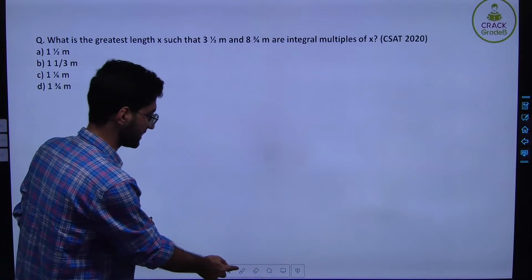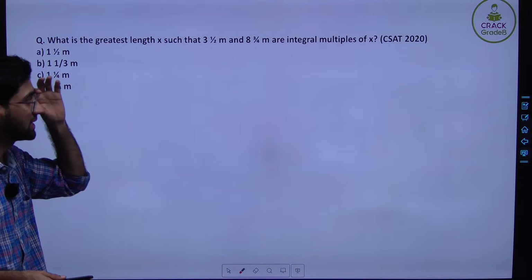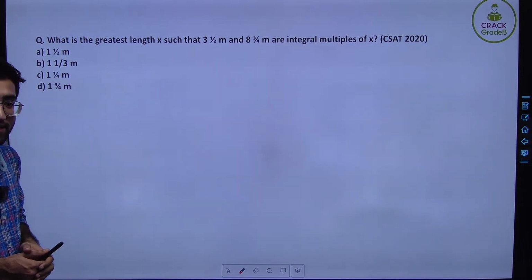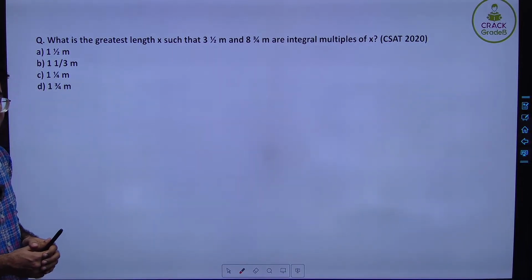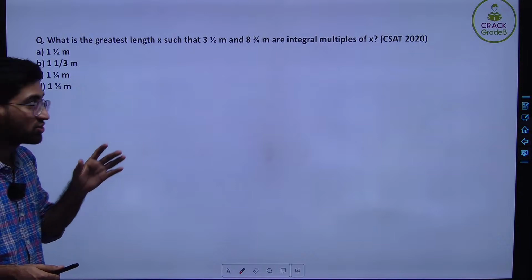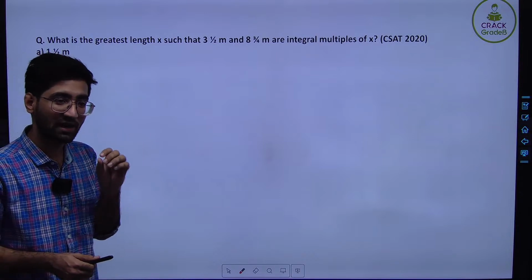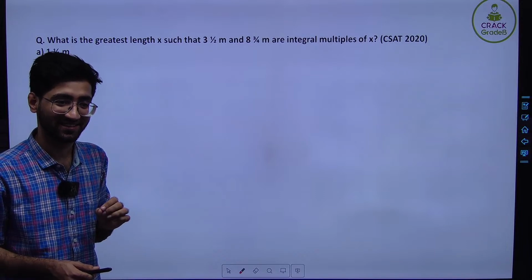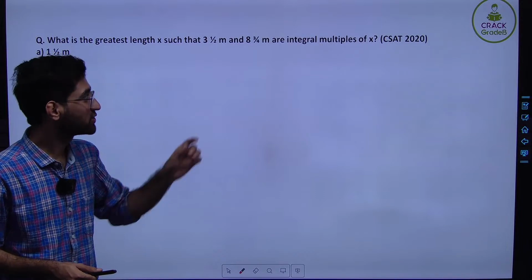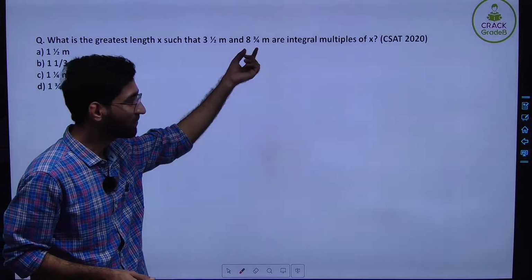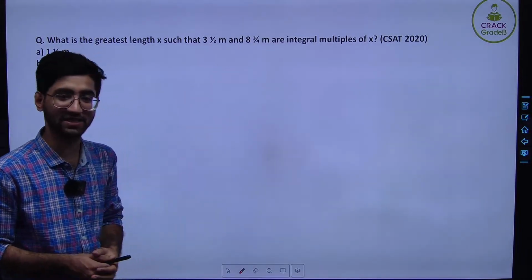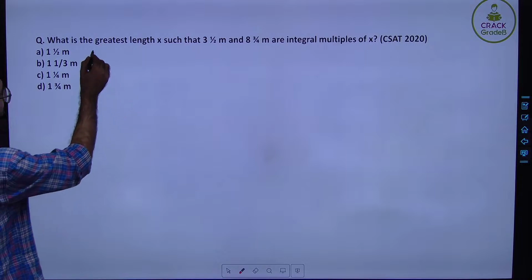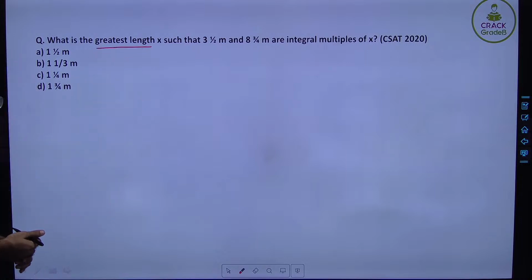Now try to answer this question. See, this question has been asked in CSAT 2020. Right? And you should try to recall. We have learned a concept yesterday, HCF of fractions. Right? So basically, these values are in fractions. And if you read the question it says greatest length.